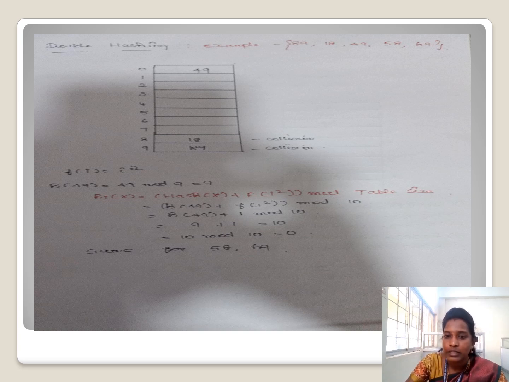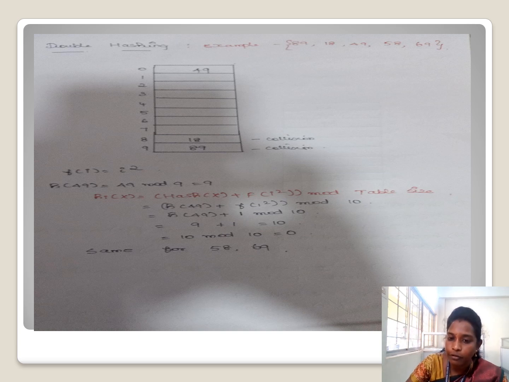Next I am going to insert 58. 58 goes in the 8th index, but 18 is already inserted in the 8th index, so a collision occurred. I was unable to insert 58 in the 8th location, so I am going for f(1) square, which is 1 step. In the 9th index also an element is there, so I cannot use f(1) square.